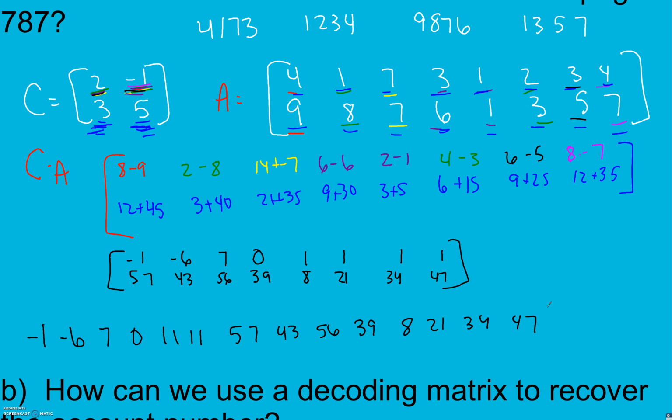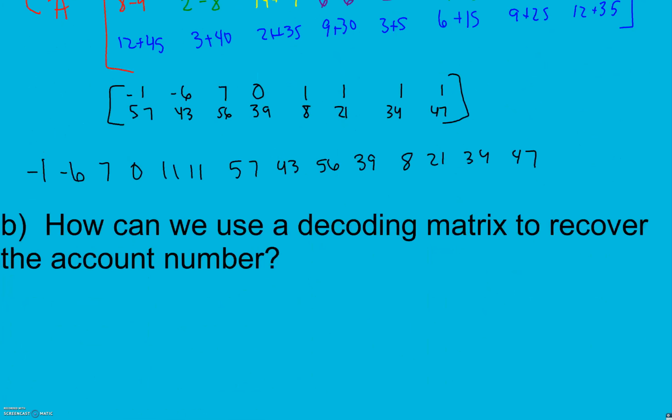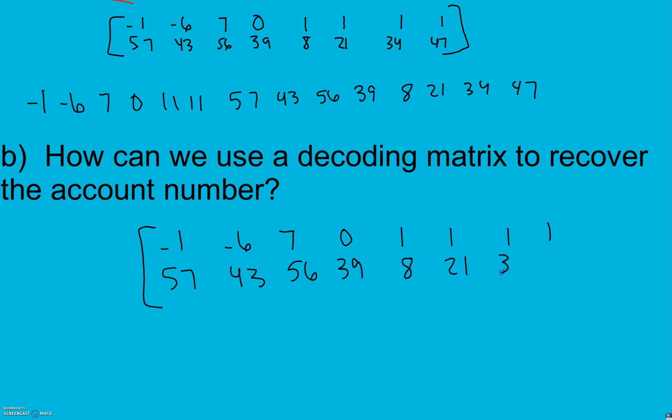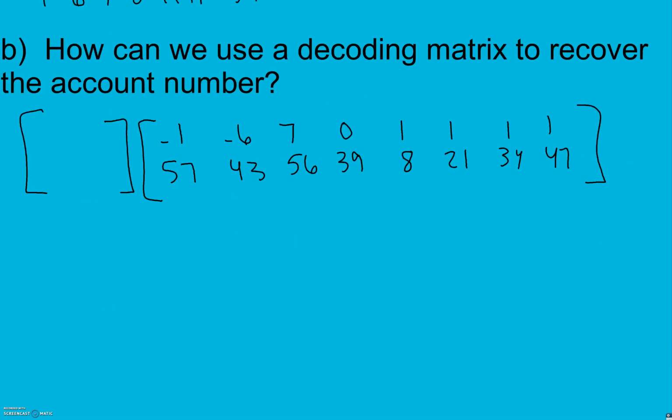Now, to undo that and get back to where we started, if you're the card company that's trying to process it, we multiply our new encoded matrix here by the inverse of our encryption coding matrix.